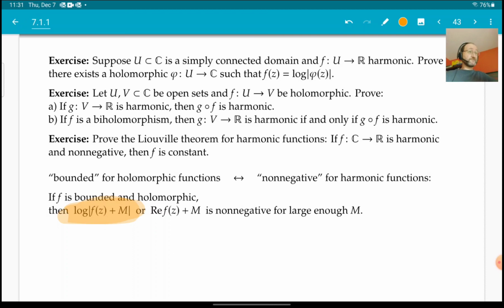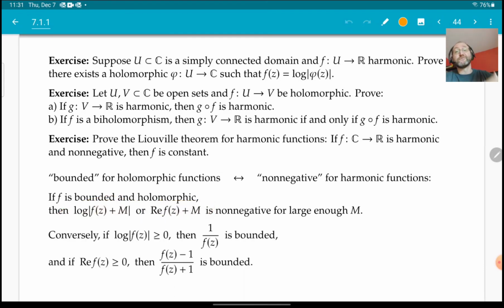And then log of the modulus of that is going to be positive. And then the same thing works for the real part. Vice versa, if we have that log of mod f is non-negative, then 1 over f is a bounded function.